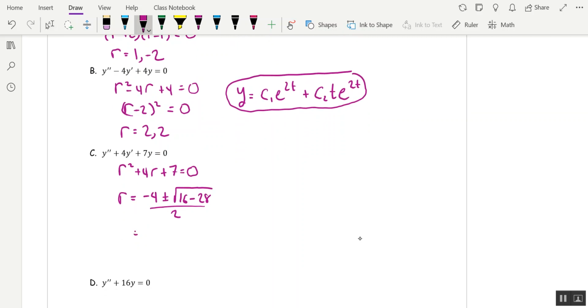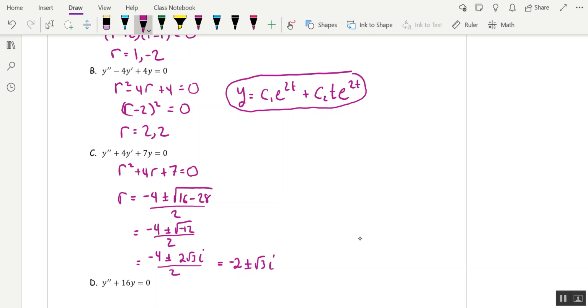So that's negative 4 plus or minus the square root of negative 12 over 2, which is negative 4 plus or minus, 12 is 4 times 3. Square root of 4 is 2. So that's 2 root 3 times i, because the square root of negative 1 is i, all over 2. And now I'm going to distribute that 2 to both fractions. This is negative 2 plus or minus root 3 i.